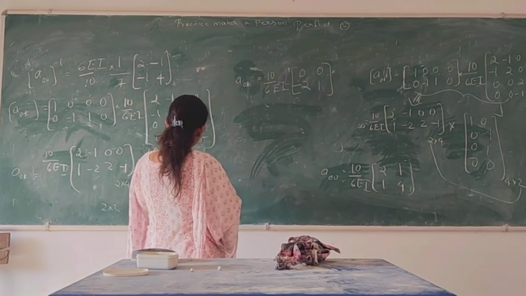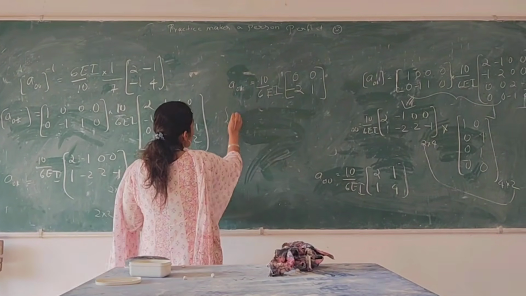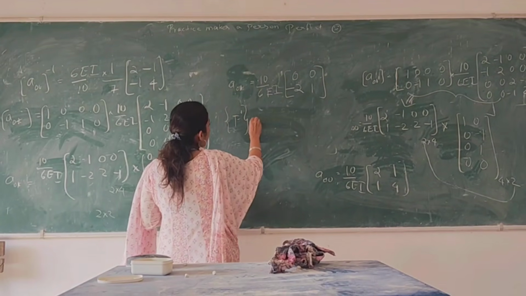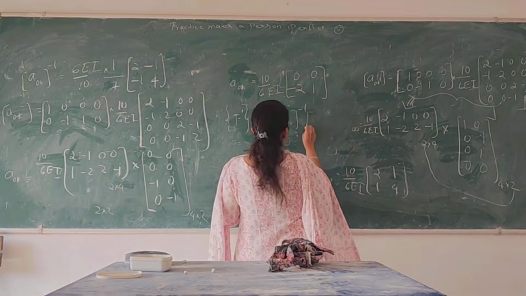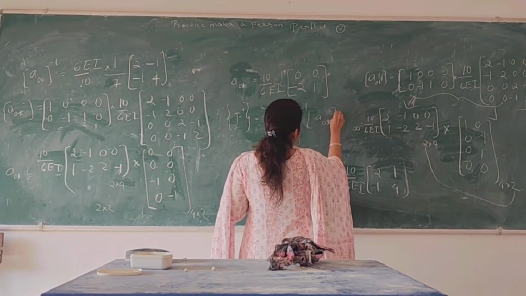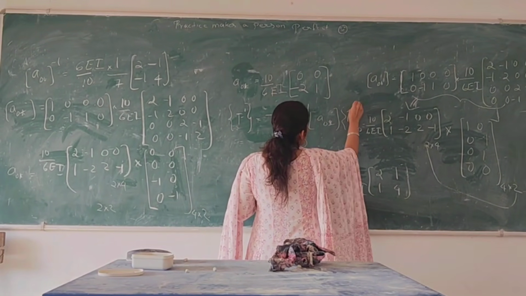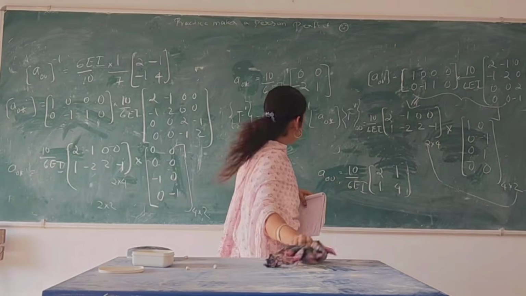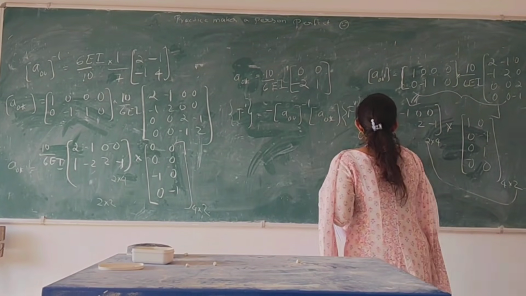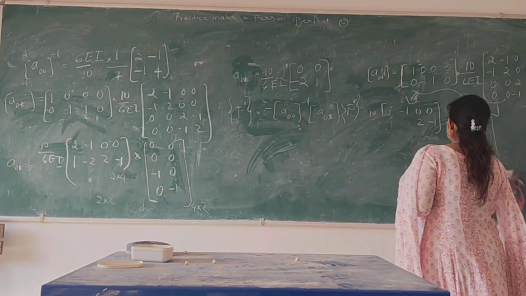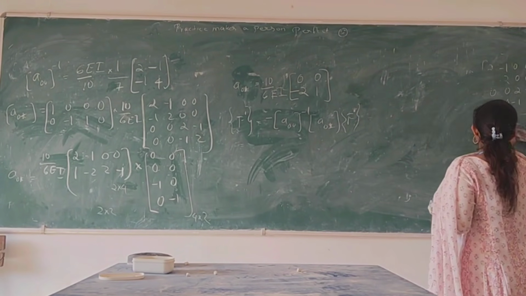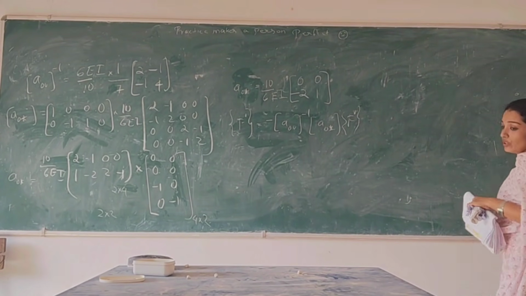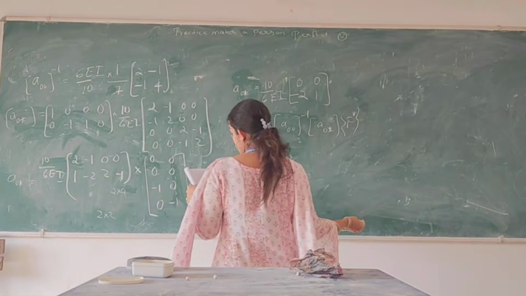So now what we have to do? You have to find out the redundant force F naught. Remember the formula? Minus of A naught not inverse into A naught star into F star is your formula to find out the redundant forces. Okay. So just substitute all these matrices and find out the redundant forces. If you have a calculator which supports this 4 by 4, it will be easier for you.